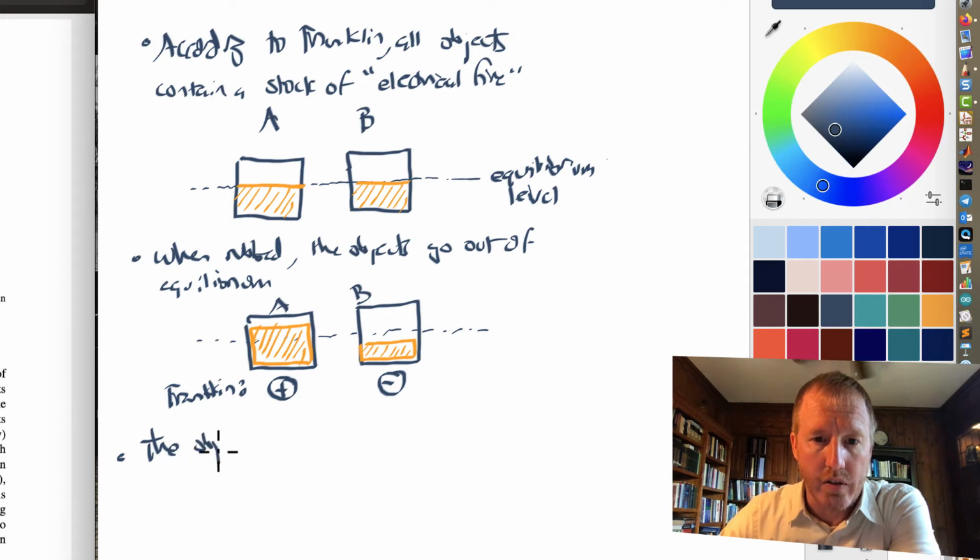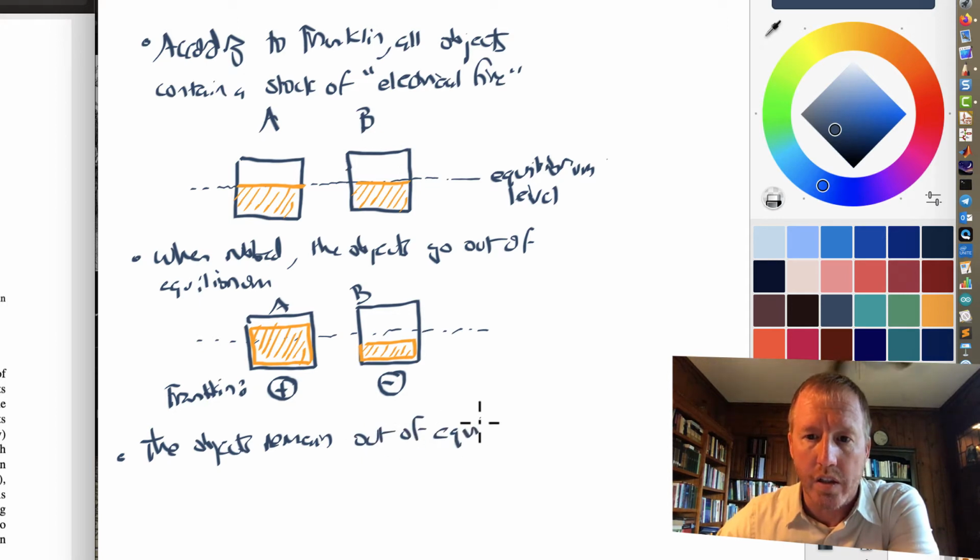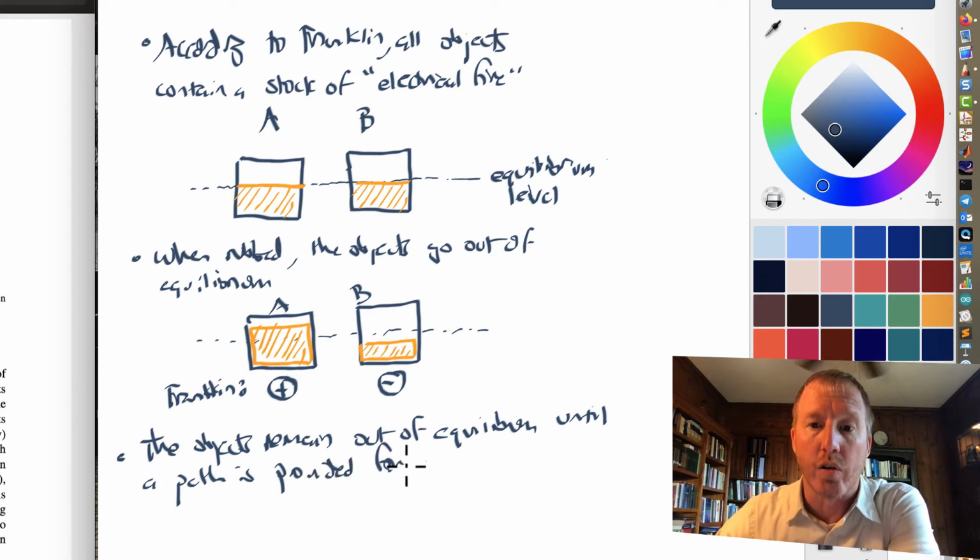So the objects remain out of equilibrium until a path of some sort is provided for re-equilibration.